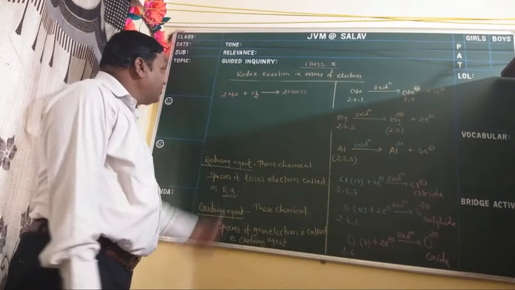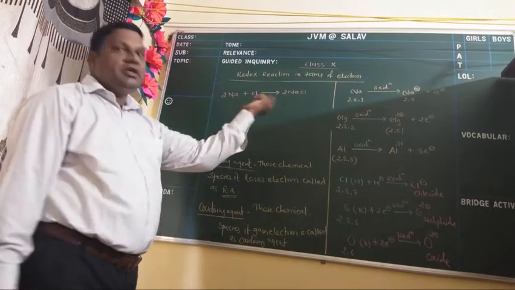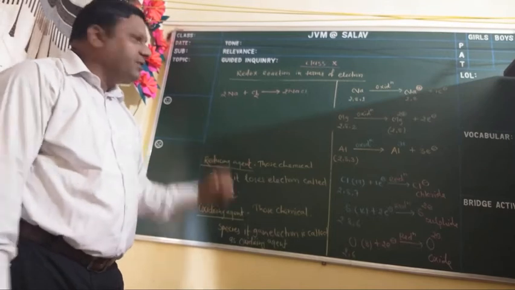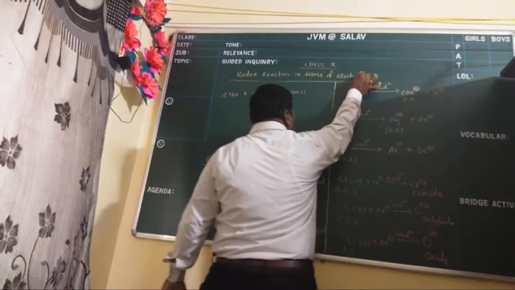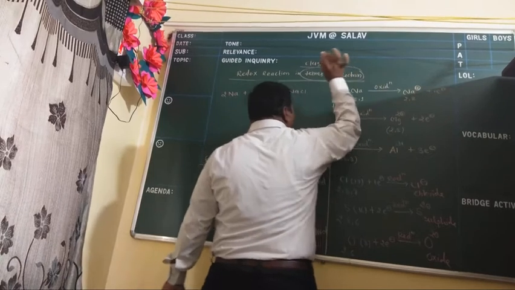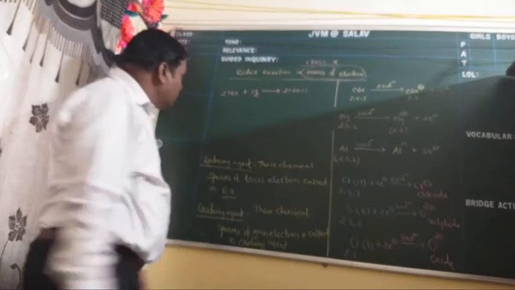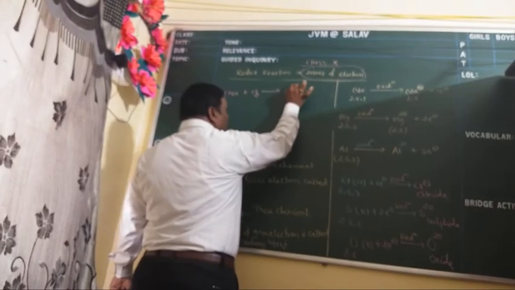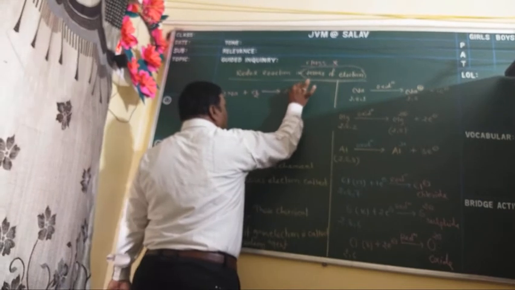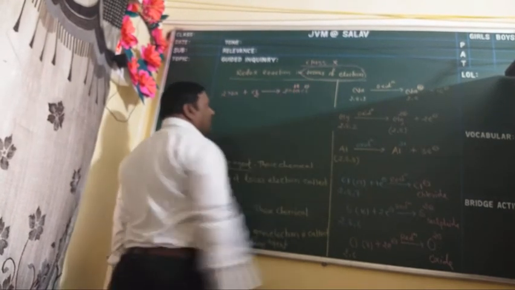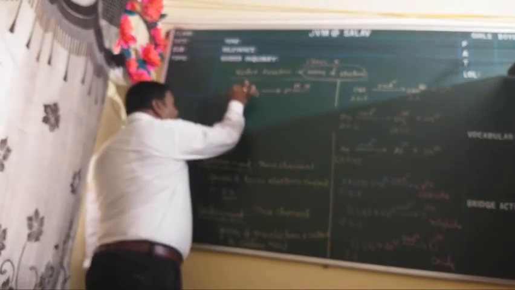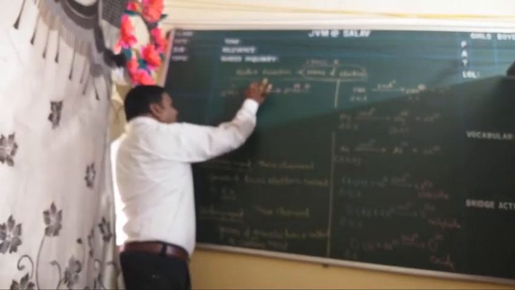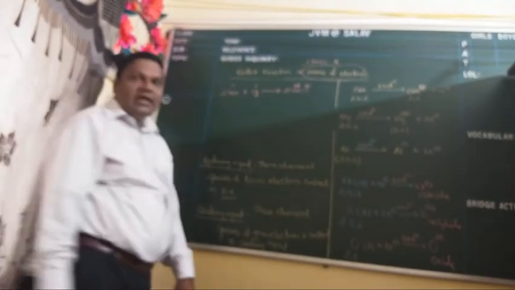Now you will say, sir, in this there is neither hydrogen nor oxygen, so how will it be redox? But remember this term: in terms of electron. Now you know in this sodium chloride, sodium carries +1 charge, chlorine carries -1 charge. Is it clear? And in elemental state they carry neither positive nor negative charge.